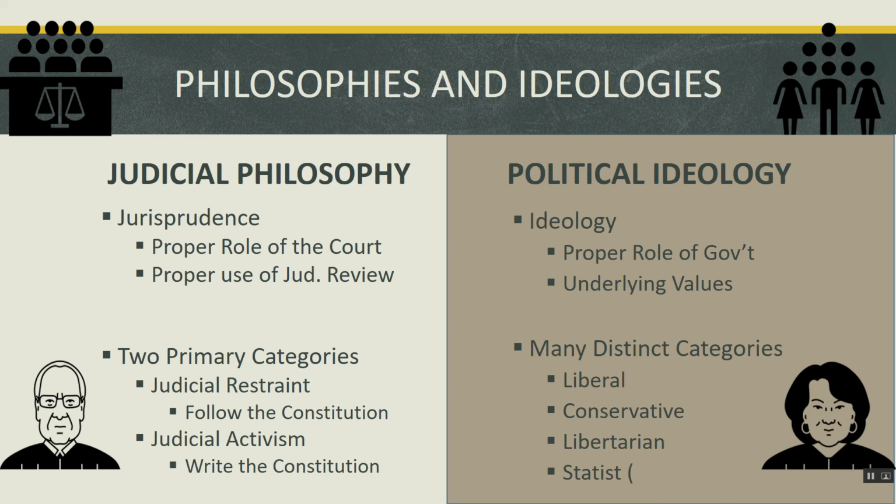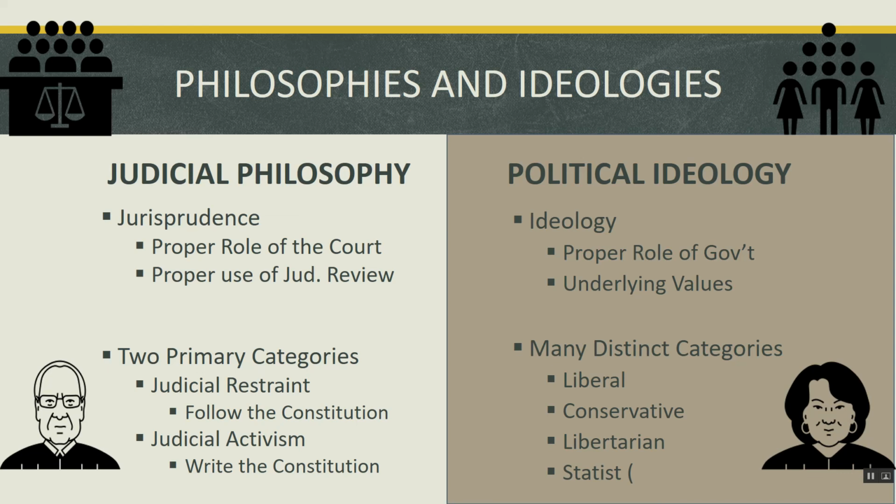In other words, a judicial restraintist says that the proper use of judicial review is to overturn unconstitutional government actions, and that's it. If an action is constitutional, you should not overturn it, even if you don't like it. Because your job as a justice is not to legislate. That's the legislative branch. They're the ones who create the law. You're an unelected individual.